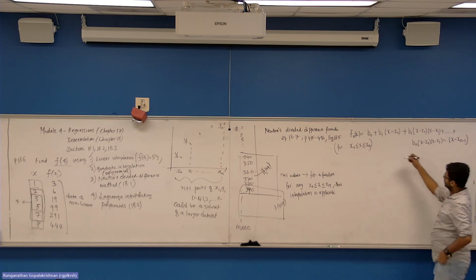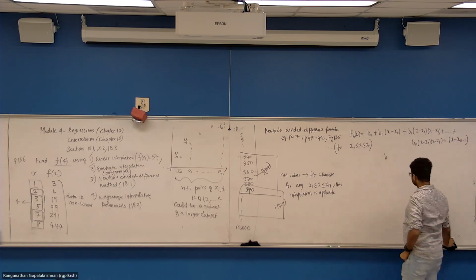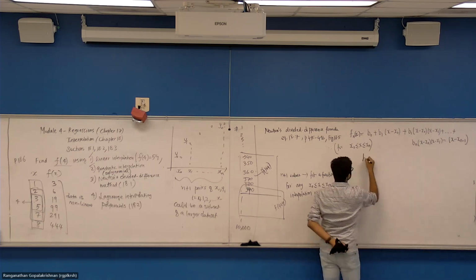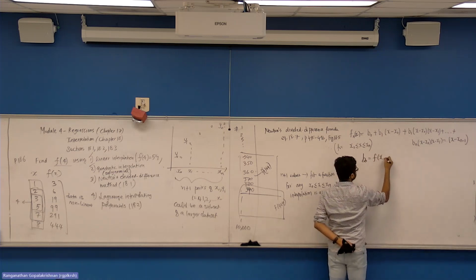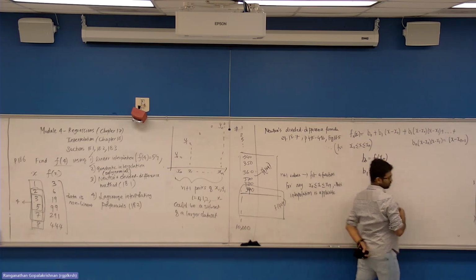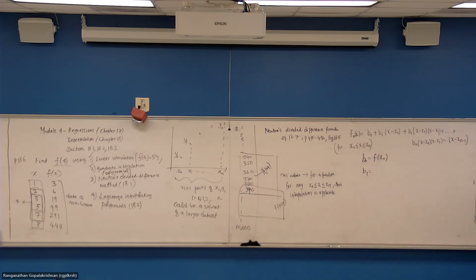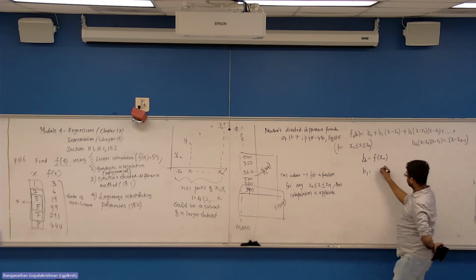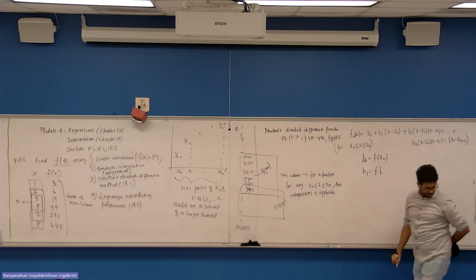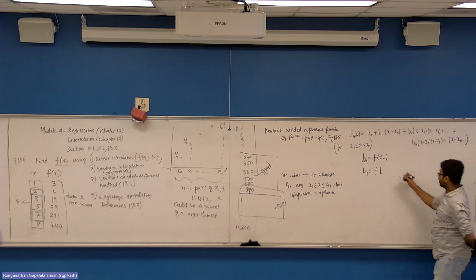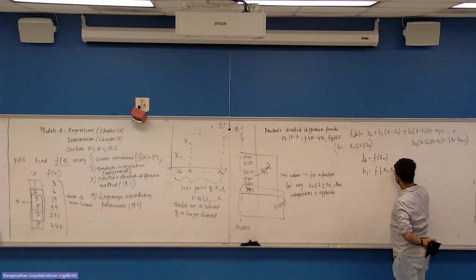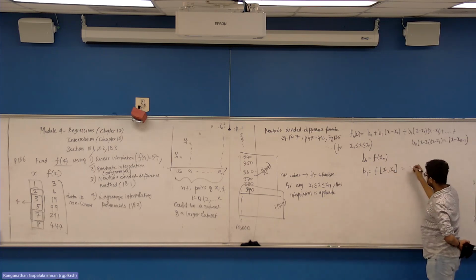What is b naught? b naught is f of x naught. What is b1? Not f of x1. It's written as f of square bracket x1 comma x naught. Okay, this is shorthand for f of x1 minus f of x naught divided by x1 minus x naught.